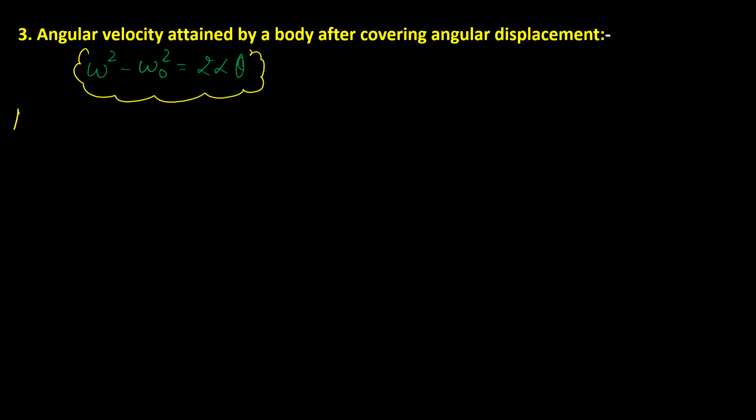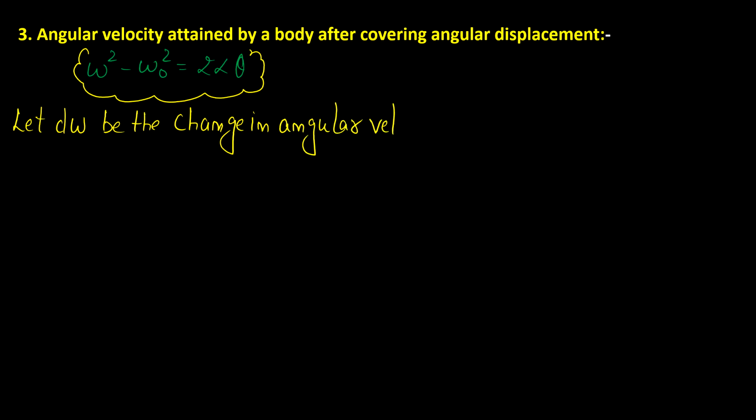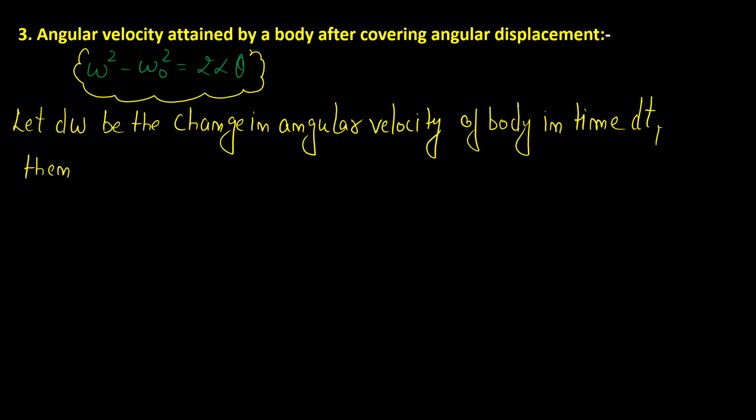Then for deriving, let d omega be the change in angular velocity of body in time dt, then alpha equal to d omega upon dt. This is equation first.